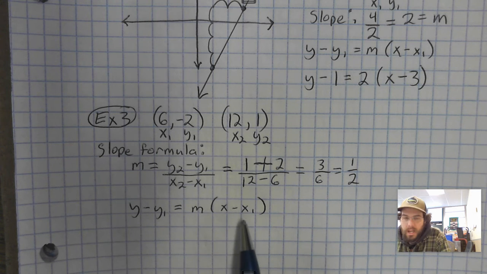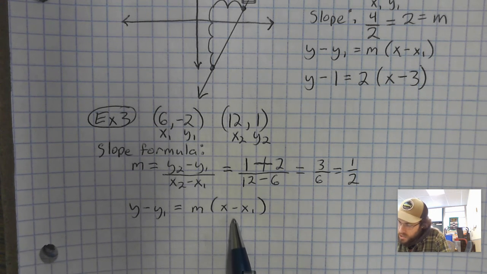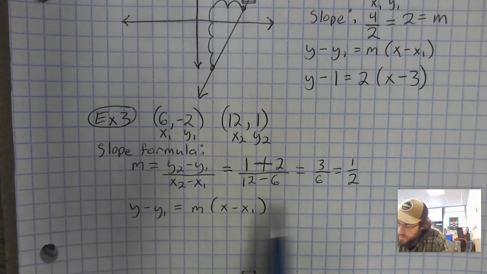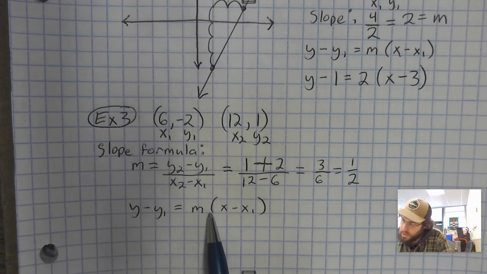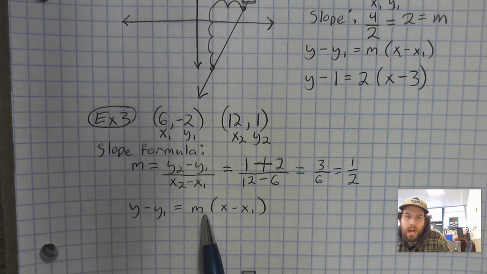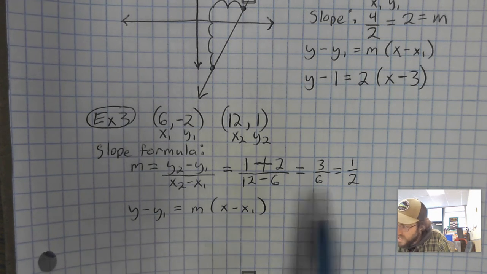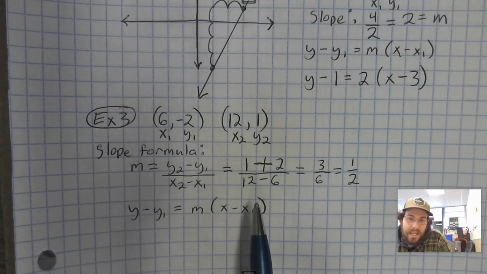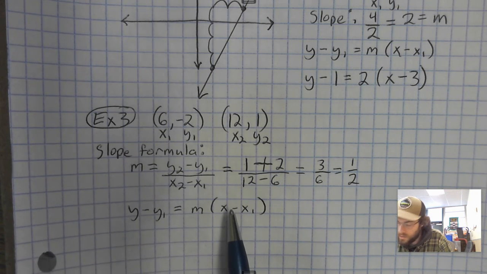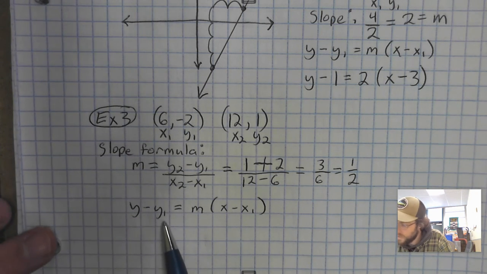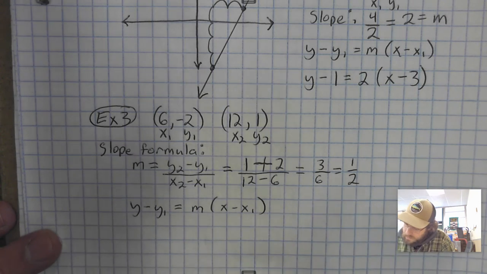I write this formula over and over again. This is the sort of formula, just like the slope formula, I would put on a sticky note and just put it right here on my laptop, so I always remember it. The more times you write it, you won't need to look at that sticky note. That's why I write things all the time. Same thing, over and over. It helps me memorize it.